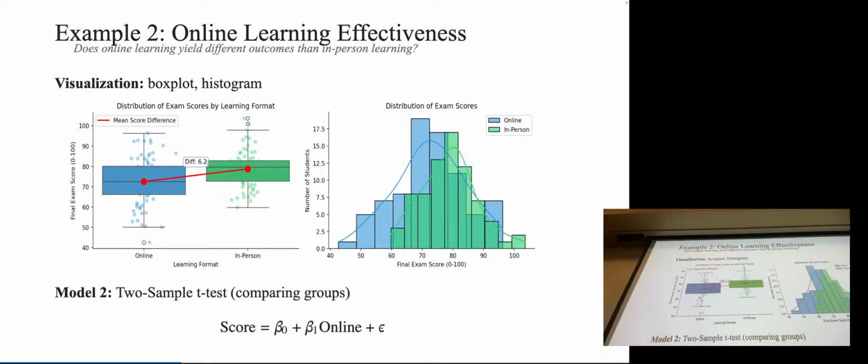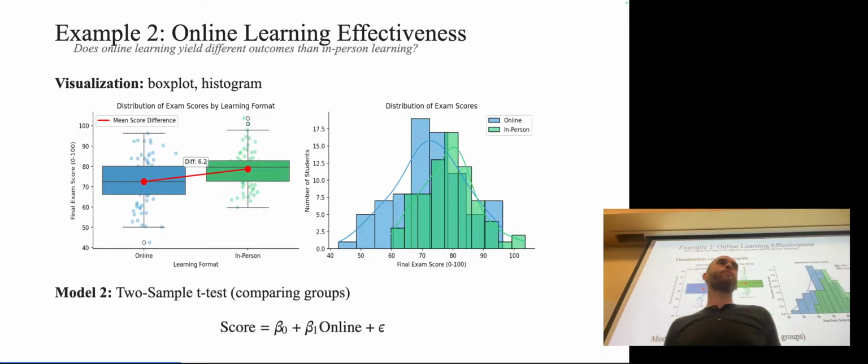And then beta 1 times online, just beta 1, captures the difference between the two groups. So in this case, if online learning is not performing as well, then we would expect beta 1 to be negative. Okay, any questions about this? This is our two-sample t-test.